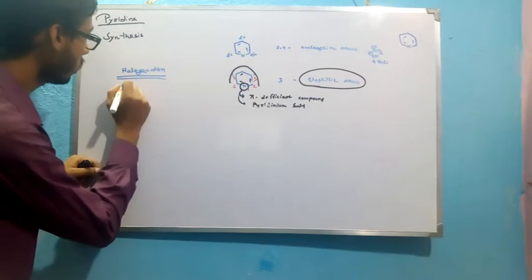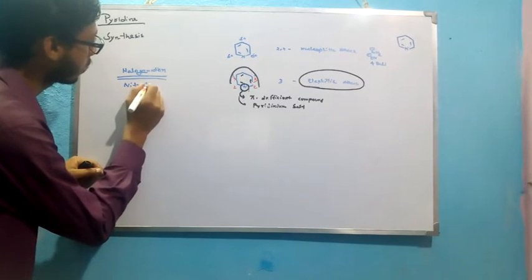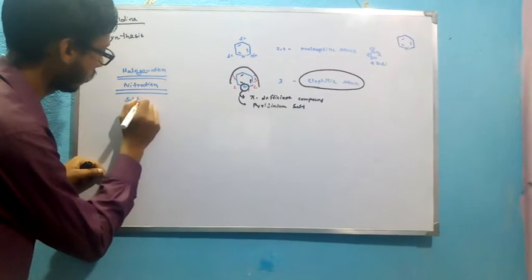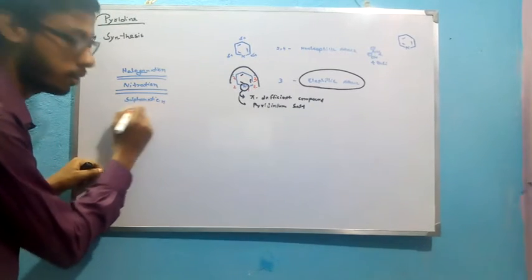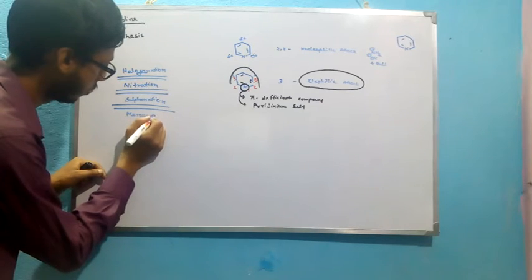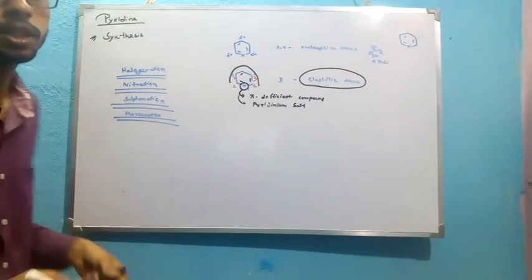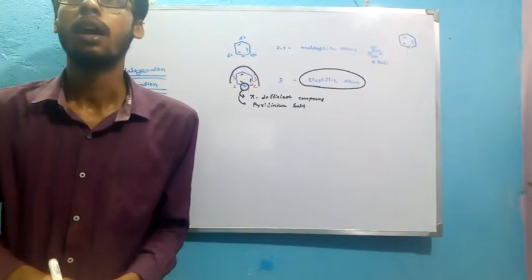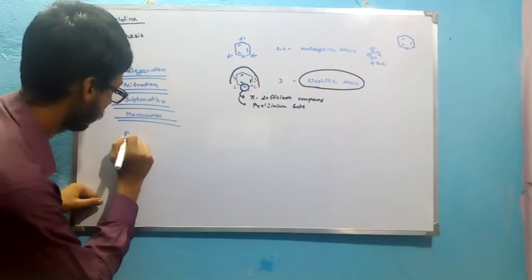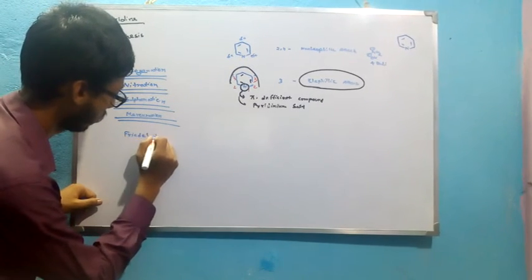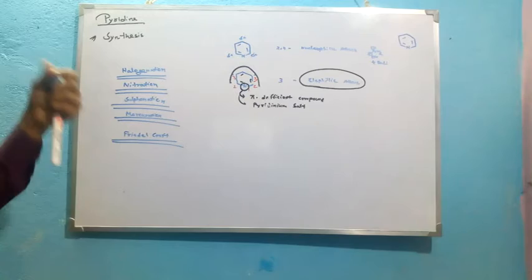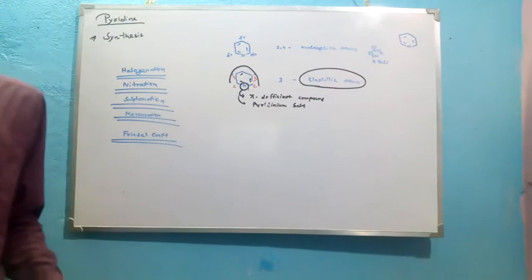So halogenation, nitration, as I said, and sulfonation, and another one is mercuration, also occurs. Mercuration also occurs in that case, but the Friedel-Crafts reaction does not occur, or the Friedel-Crafts reaction has not yet been established in the case of pyridine.